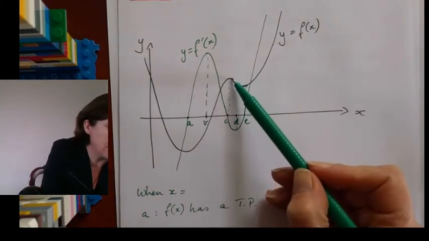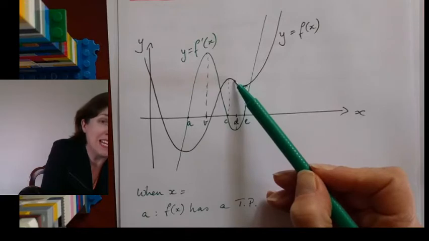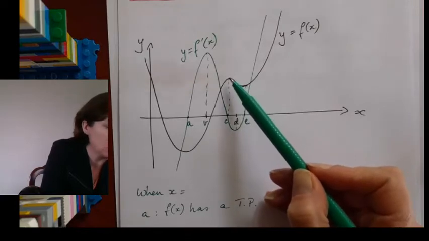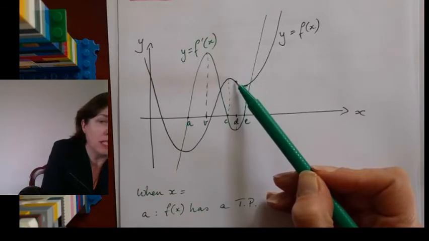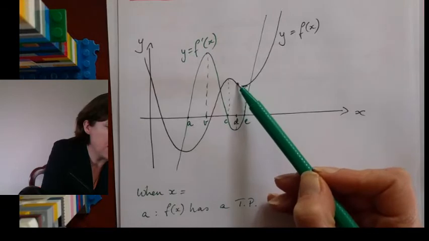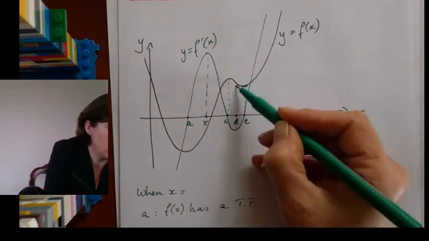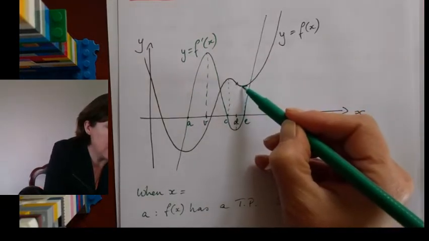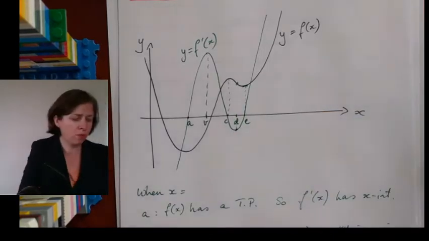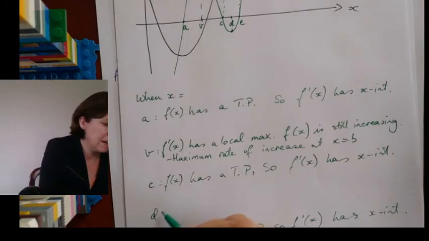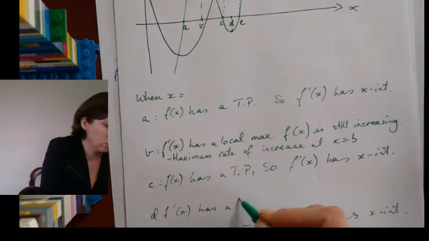It gets steeper and steeper and steeper, but in a negative direction. So my gradient is getting more and more negative. So in other words, it's still decreasing, decreasing, decreasing. Somewhere about here, it turns a corner and starts increasing, increasing. And that's what happens at my turning point here. So at D, f dash of x has a local minimum.